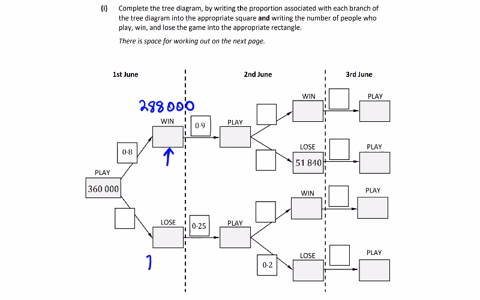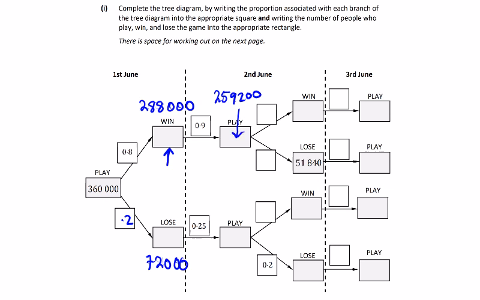That would leave 72,000. 0.2 of 360,000. 72,000 are going to lose. Of the 288,000, 90% of them will play again the next day, which is 259,200. They will play, that's in there.